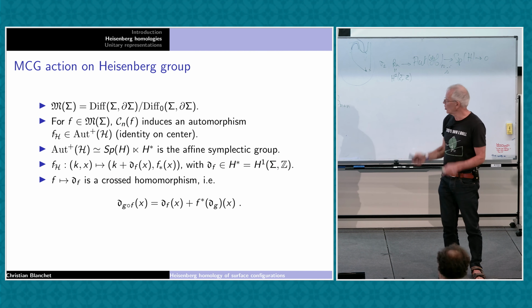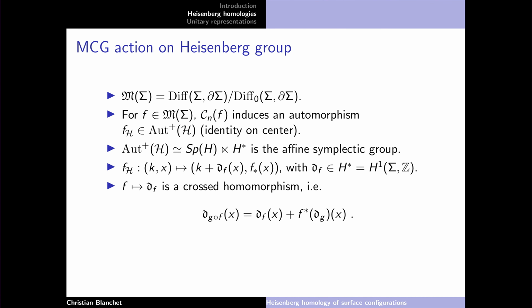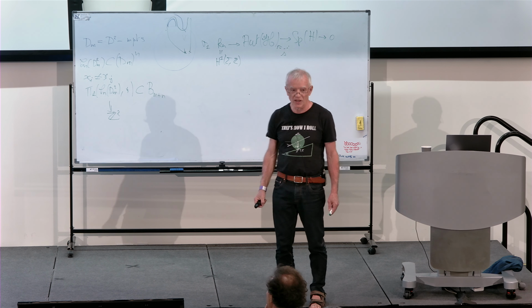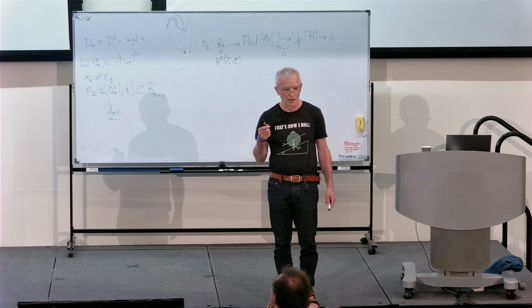It has natural properties. This is for people more involved in homology of groups. This is a crossed homomorphism, meaning the formula I gave here is not a homomorphism on the mapping class group.